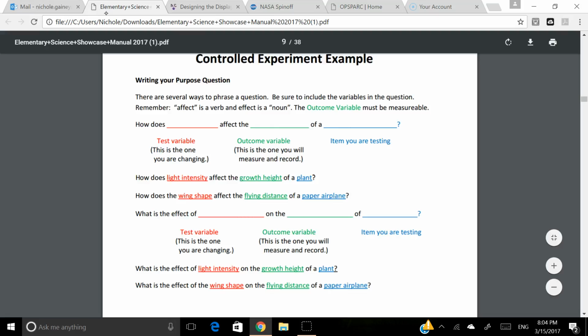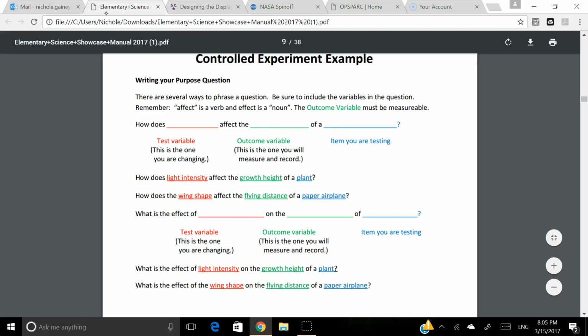The next thing that you would do is doing some research. And for this process, the students do need to have a minimum of 3 references that they have resourced, that they have read, that they have looked at and considered as they are preparing to form their hypothesis, what they think is going to happen.